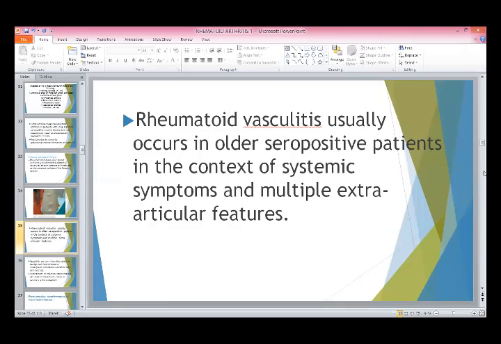Now, rheumatoid vasculitis usually occurs in older seropositive patients in the context of systemic symptoms and multiple extra-articular features. So, when the patient has active vasculitis, they are usually positive for the R factor.